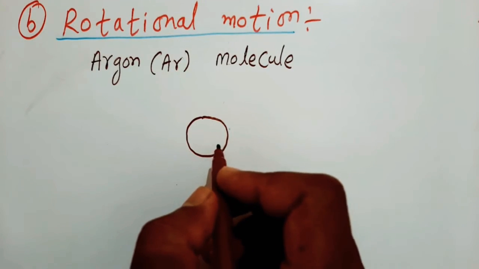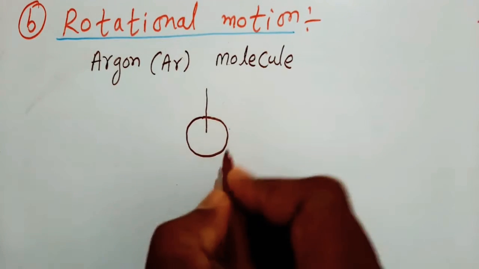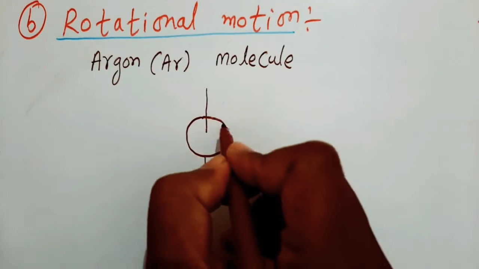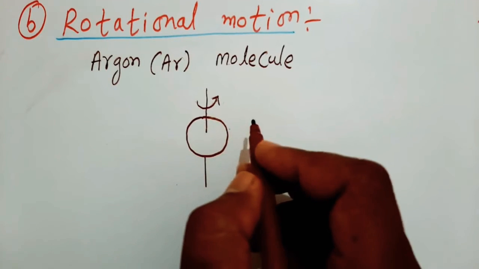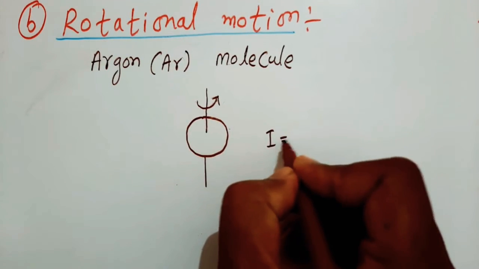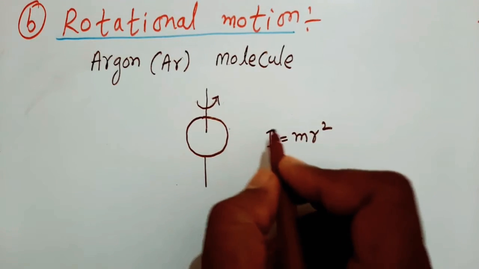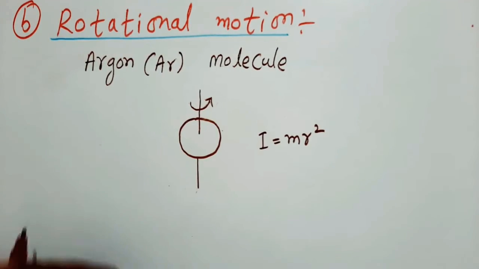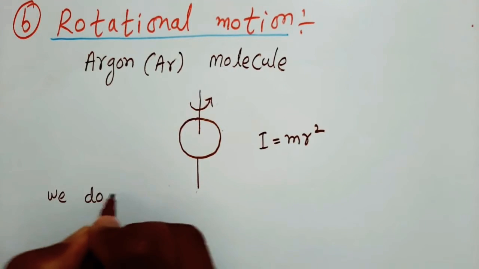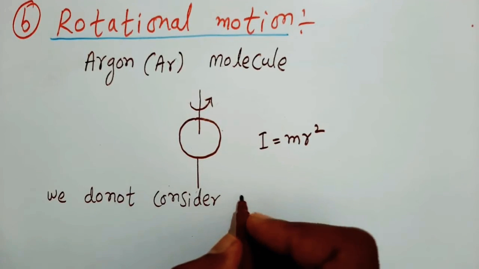It can rotate about an axis passing through its center of mass. Here the moment of inertia is equal to mr square. Here r is small. So in monoatomic gases we can neglect the moment of inertia. Hence we do not consider rotational motion of monoatomic gas molecules.